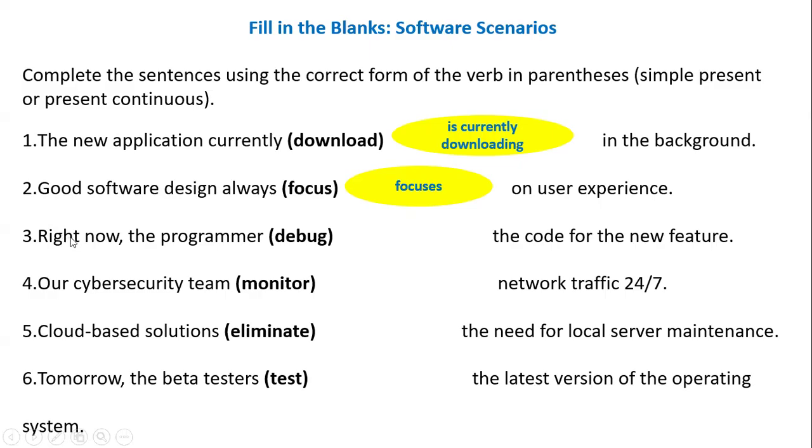Right now, done. They are already telling me, right? This is an ongoing action. It's debugging, right? Then it says our cybersecurity team monitors 24/7. This one is really tricky, because it could be a fact depending on what kind of cybersecurity plan or platform or equipment or software you're using, or the intention of the writer with the sentence and the context given.